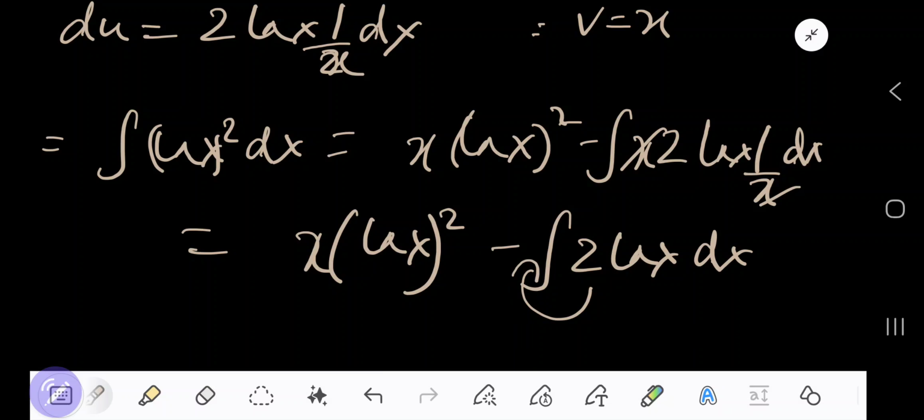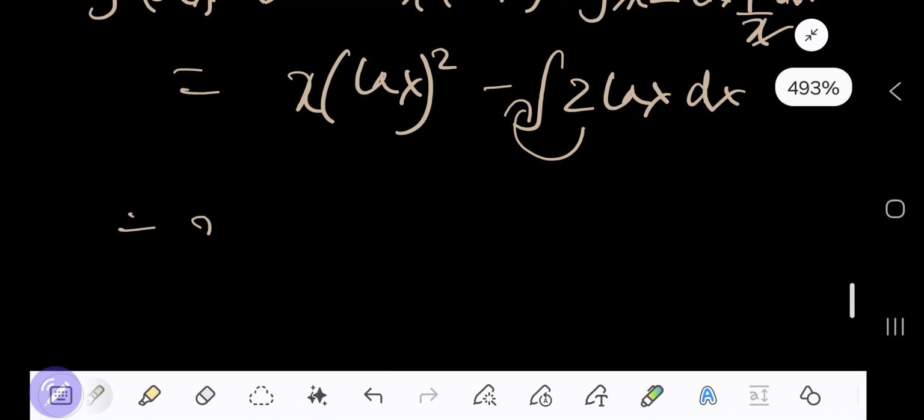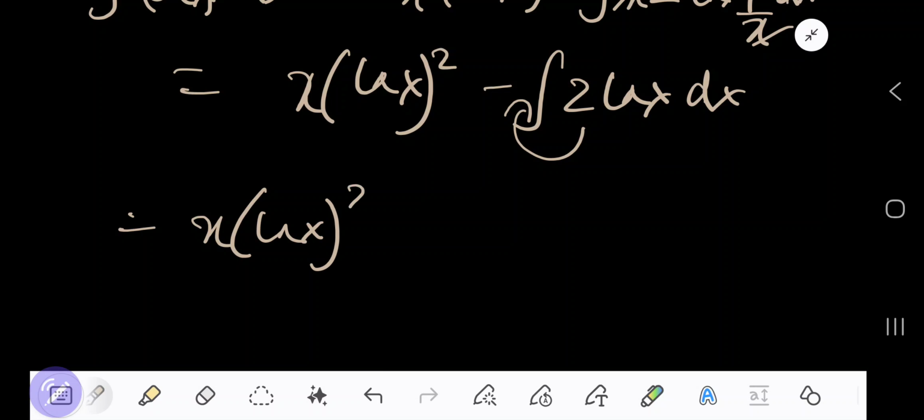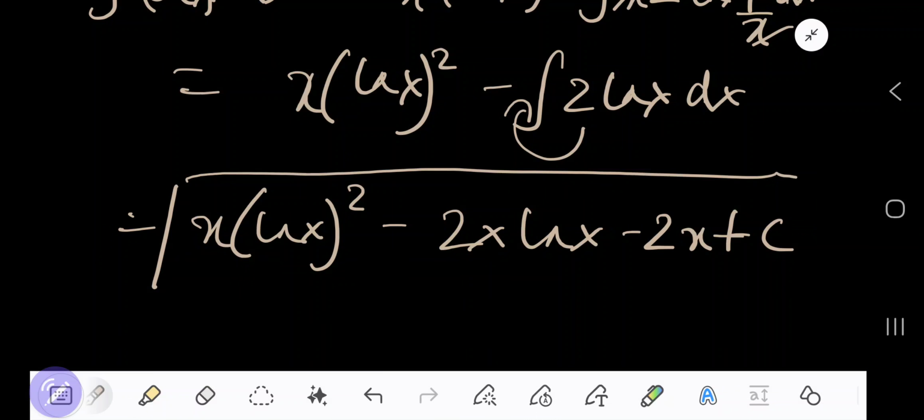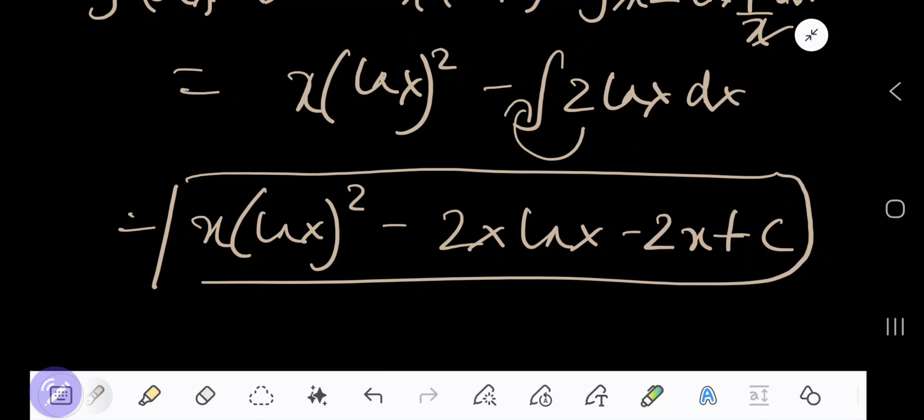You can take this 2 outside, so this should be equal to x (ln x) whole squared minus 2x ln x plus 2x plus c, and that's the final answer.